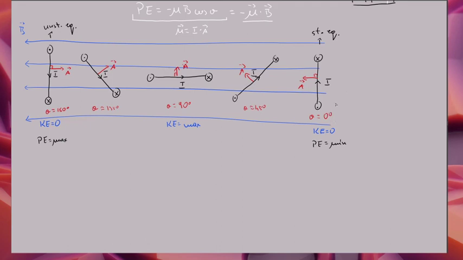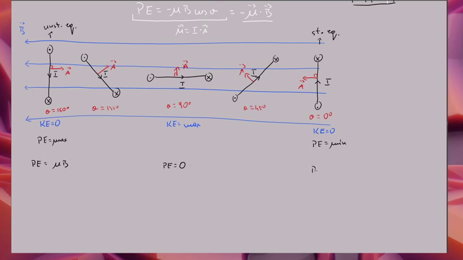All right, and then let's see what that does to the equation. The actual expression for potential energy then becomes UB, because cosine of 180 is -1. Potential energy at this point would be 0, because cosine of 90 is 0.